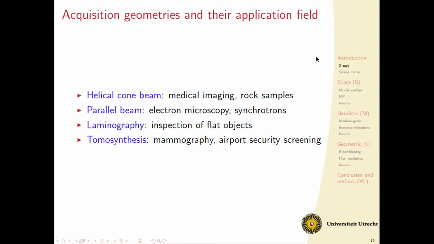For example, a parallel beam, where you put the source very far away so that all rays are more or less parallel. Laminography, for example, if you want to see the layers in a painting. And then you probably are all familiar with tomosynthesis. It is being used in airport security screening. There's a limited angle where they look at what's inside your suitcase.